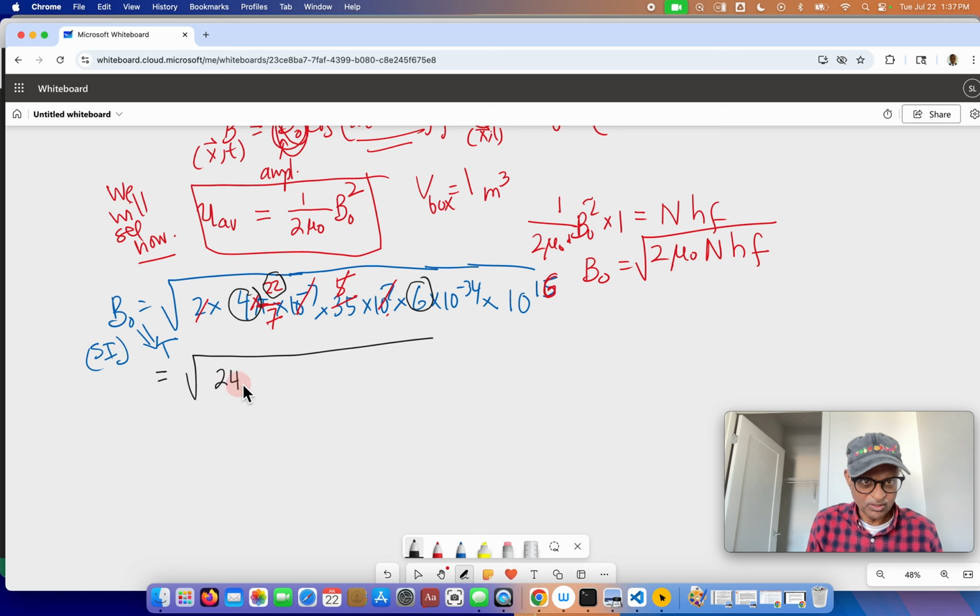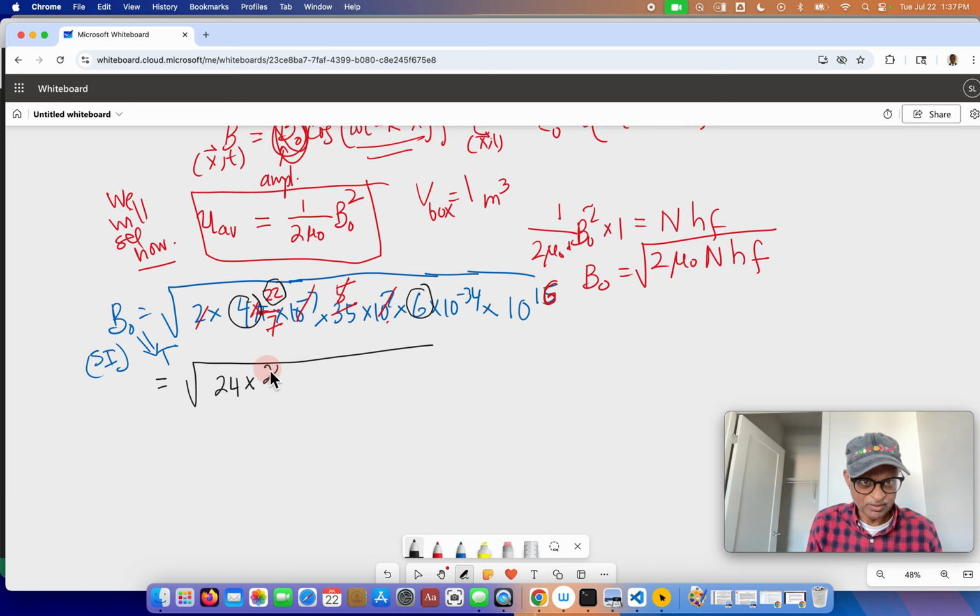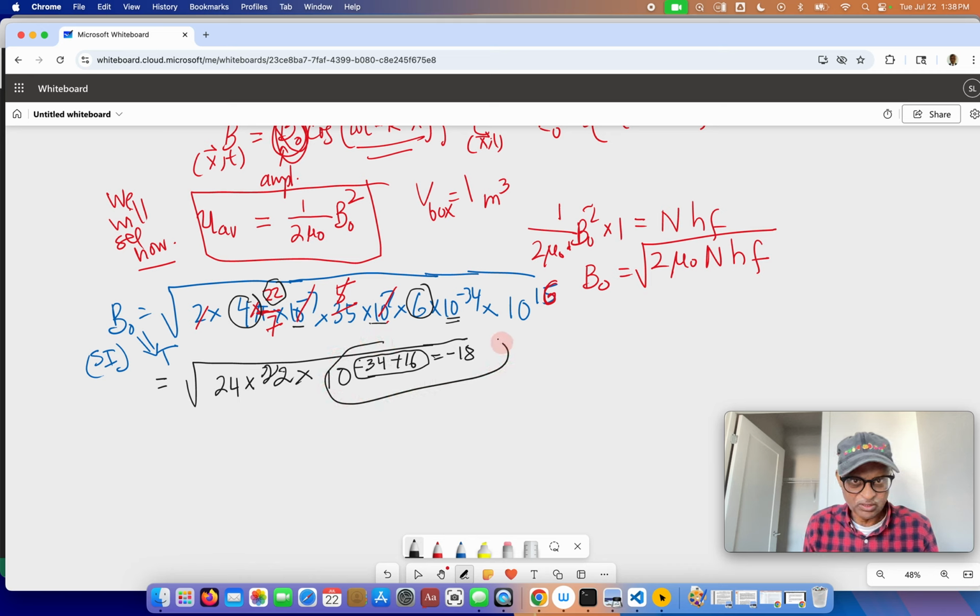So 24 times 22 times 10 raised to the power, so the power 10 cancelled out, then you have a minus 34 plus 16, so this together is minus 18, and with the square root, when it comes out, it is 10 to the minus 9.